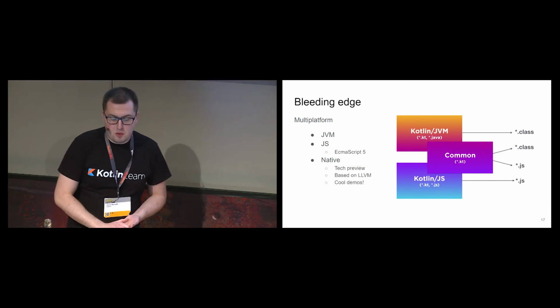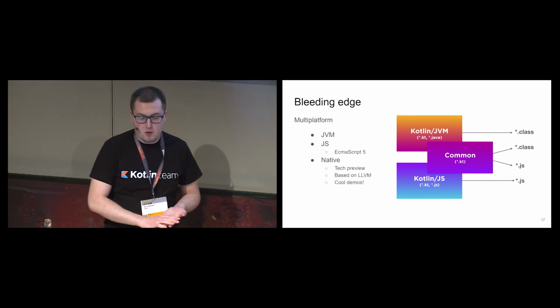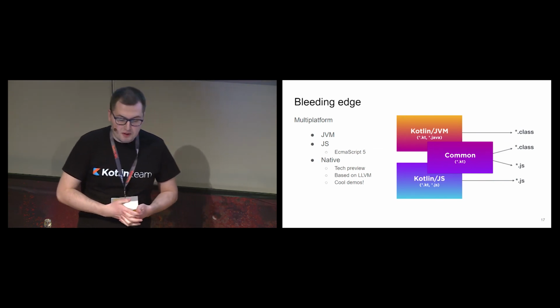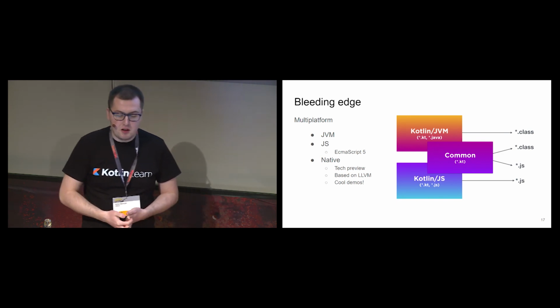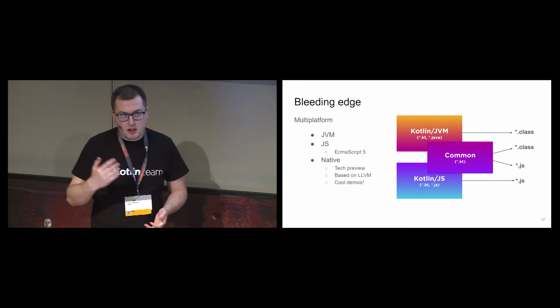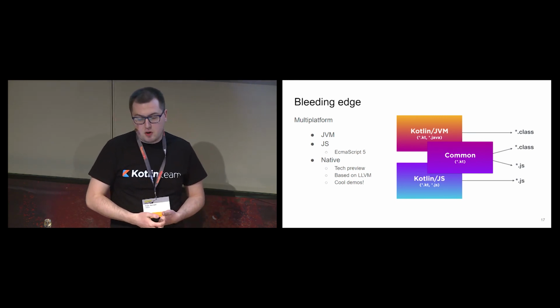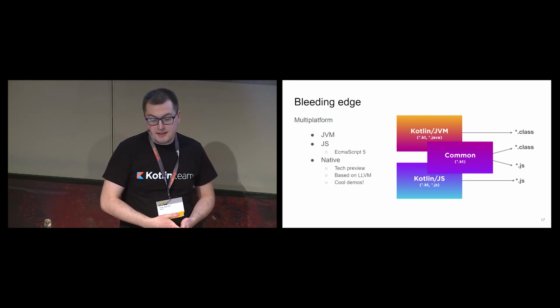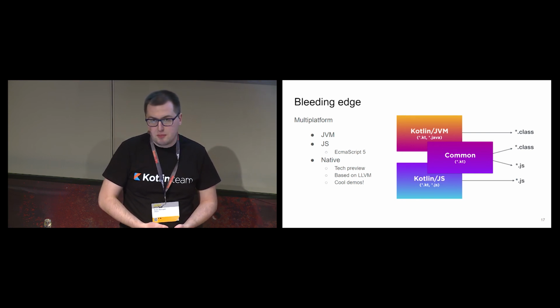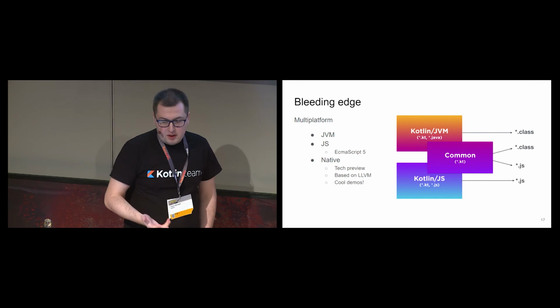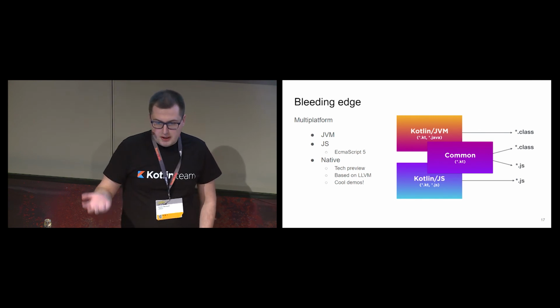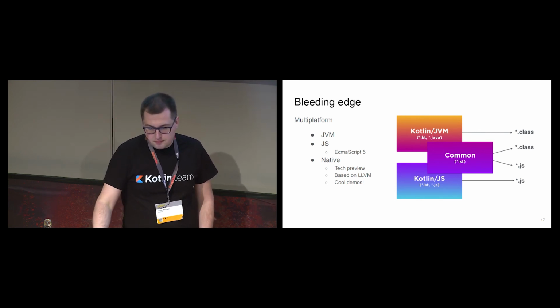And we also have support for multi-platform. So we have compilers from Kotlin to JavaScript, which is released, and from Kotlin to anything LLVM supports, essentially. And we call it native. It is not released yet. It is in technical preview, but they have pretty cool demos. The idea is that you can write code once and then just reuse it on Android, iOS, web, whatever.